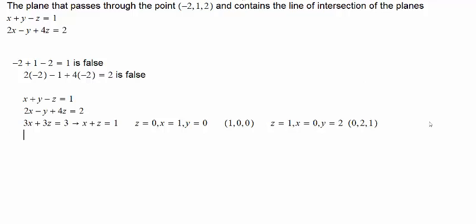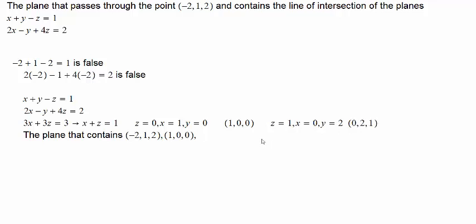Now, we have to find the equation of the plane that contains these 3 points. Which 3 points? One of them being this, and then we have this point right here and this point right here.